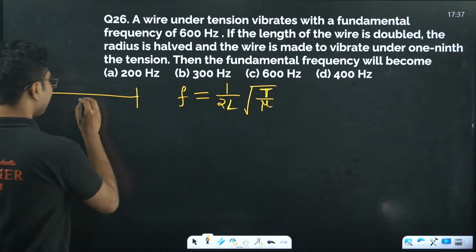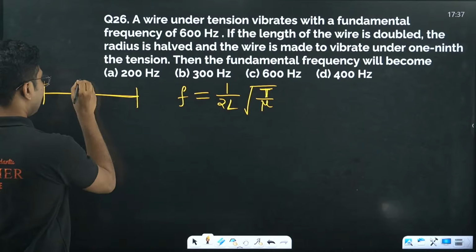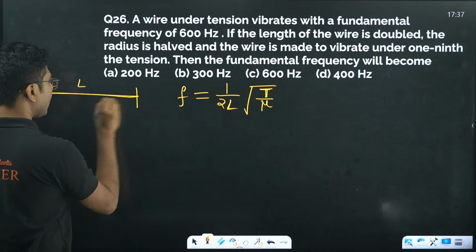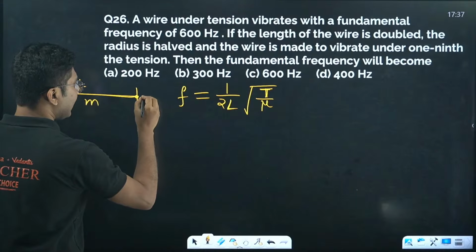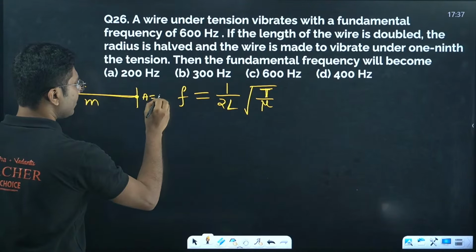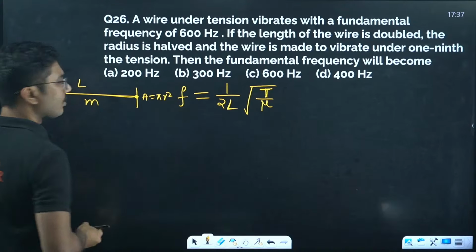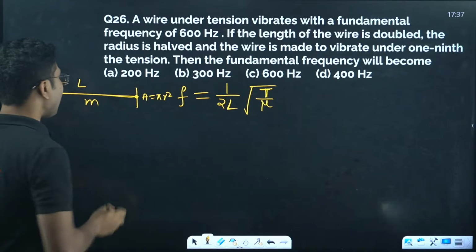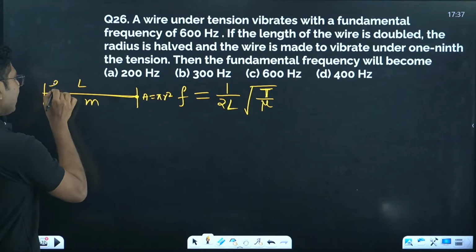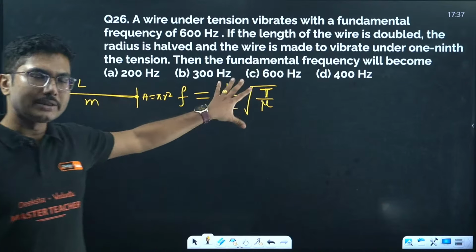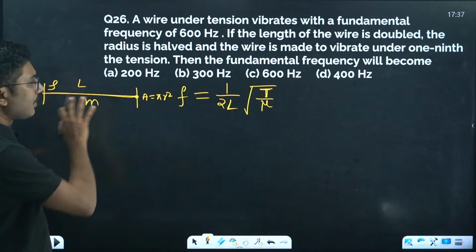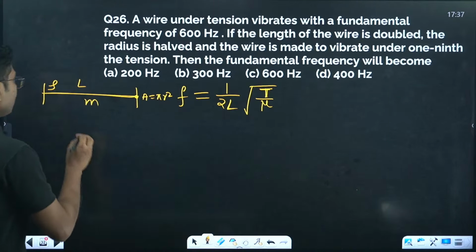So first of all, let us understand. Suppose the total length is L, mass of the total wire is M. The cross sectional area is A, which equals pi r square. Suppose the density of the material is rho. This is something important. Once the formula is derived, you can use it, but first let us understand the formula. So what is mass?